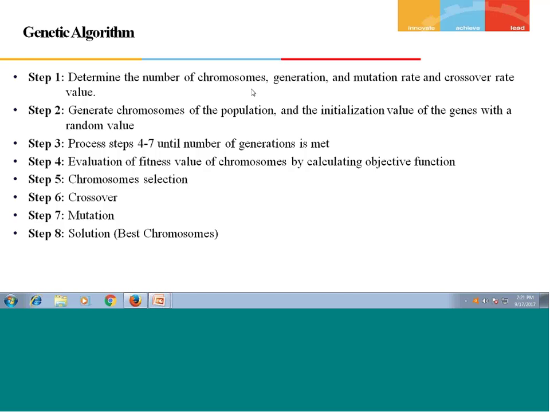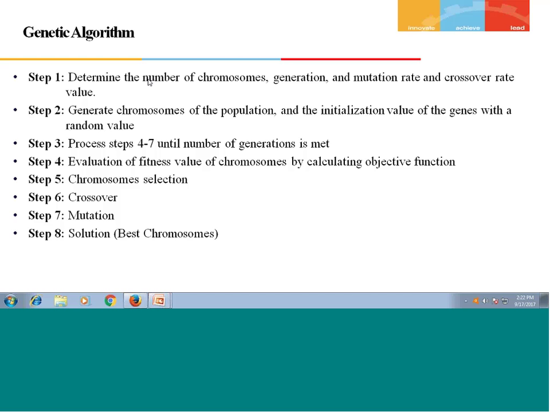Does every chromosome have to go through crossover, or do you want some chromosomes to proceed directly to the next generation while others go through crossover? All this needs to be taken care of before implementation, and for everything you need to decide what percentage you want.